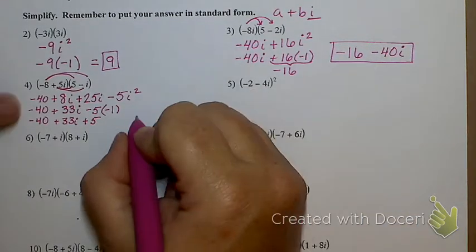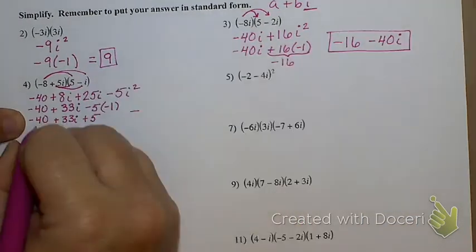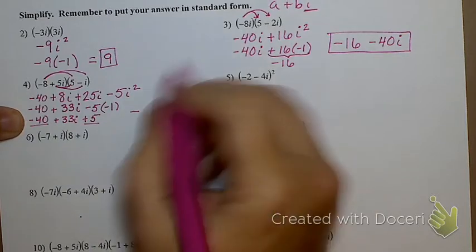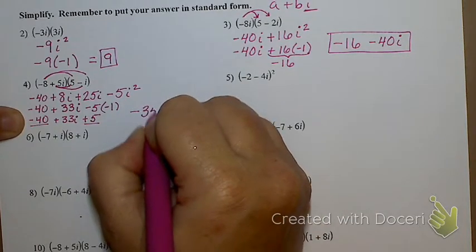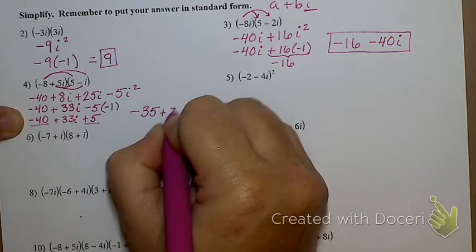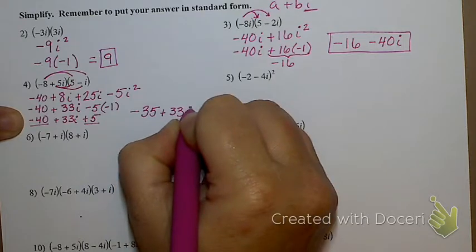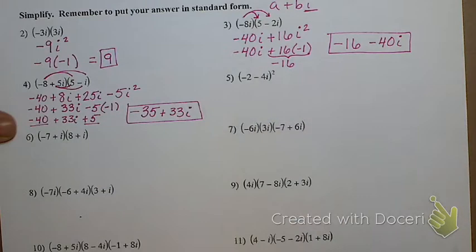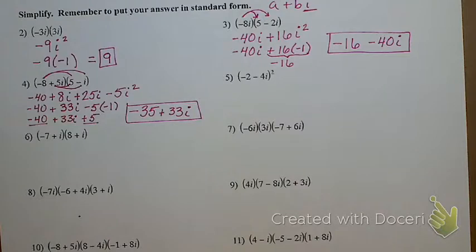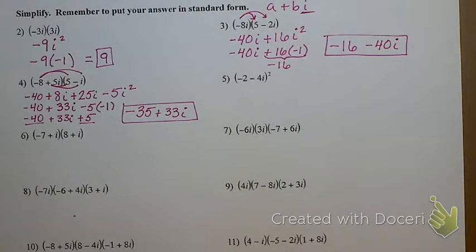So what's my final answer going to be? I've got to combine those two. Negative 40 and positive 5 would be negative 35 plus 33i. Not too bad, right? It's not too bad. Okay.